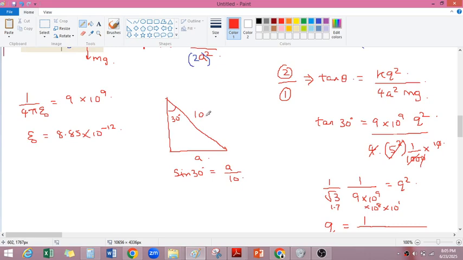So that means 10 divided by 100. So this will be 5 divided by 100, so divided by 100 here.